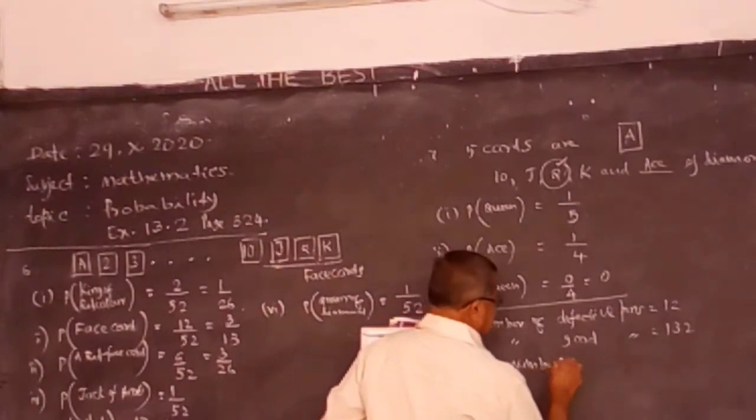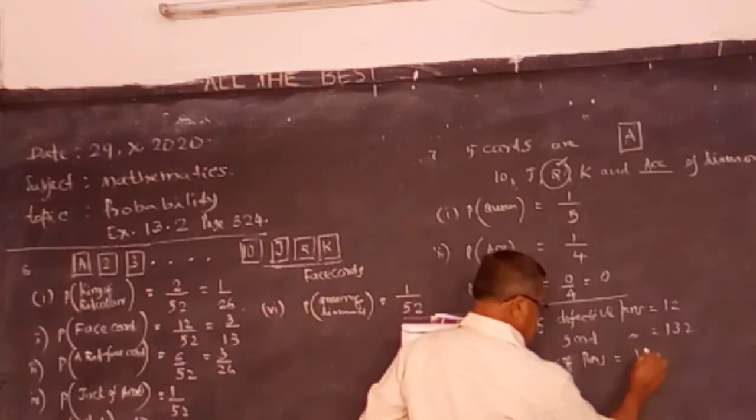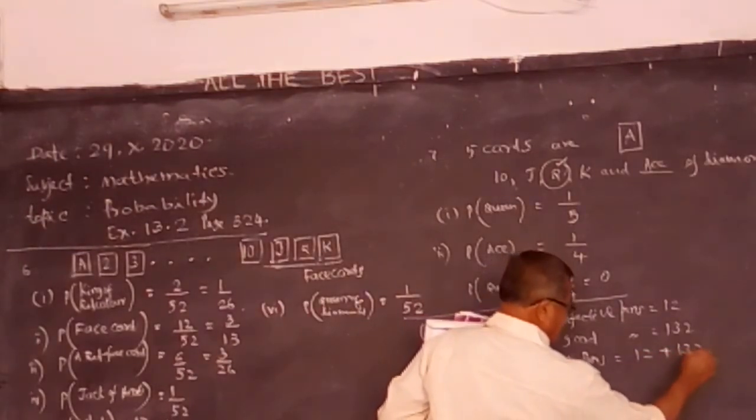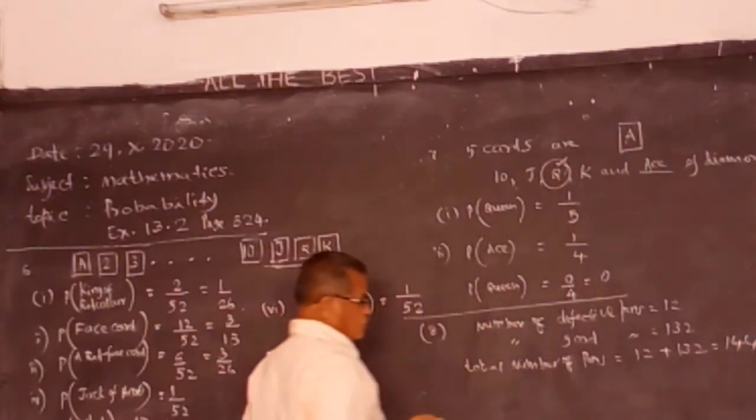Total number of pens is equal to 12 plus 132, that is 144 total.